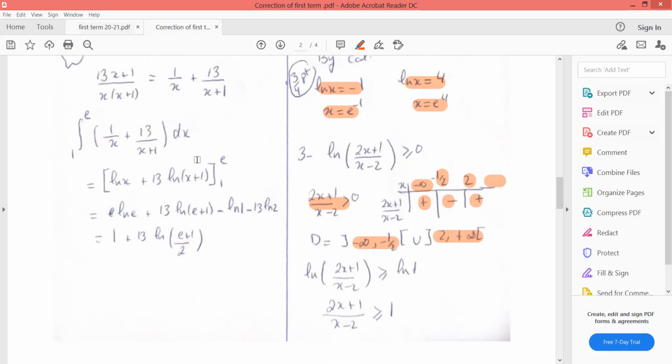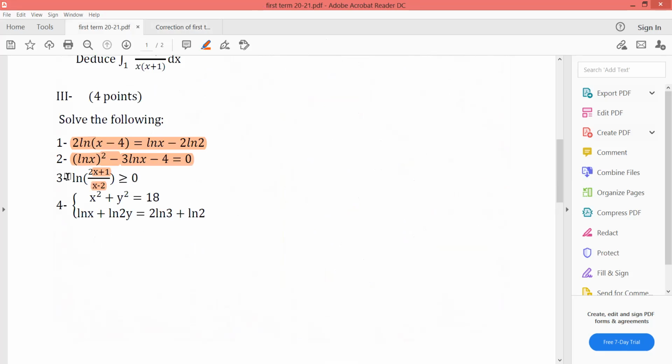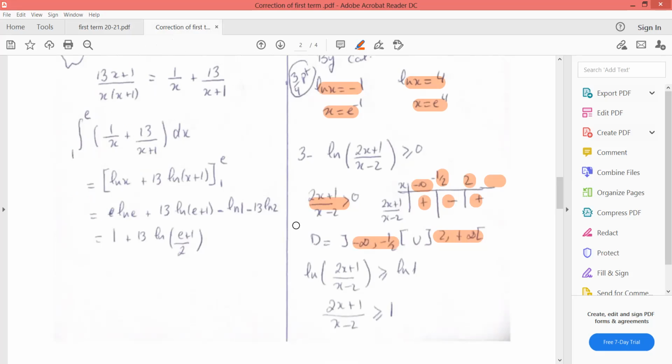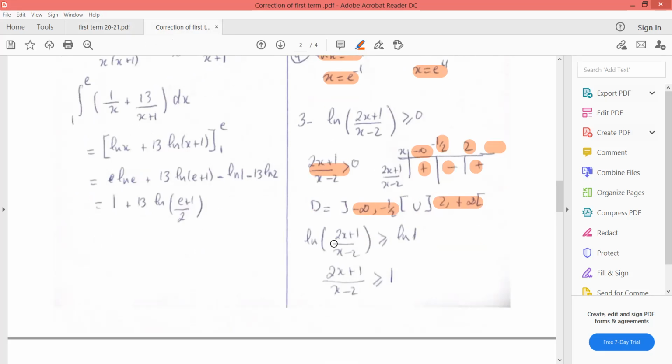Now, to solve this inequality, on the left side we have ln, while on the right side we don't have ln, so we add ln. 0 is ln 1. So I can put here ln of (2x plus 1) over (x minus 2) instead of 0, ln 1. I can skip ln with ln.